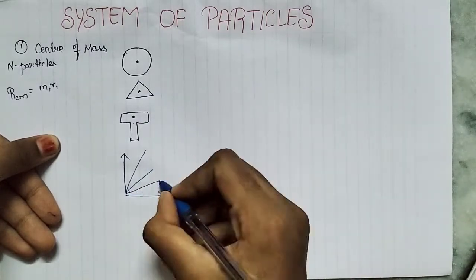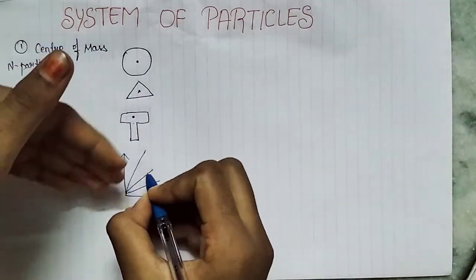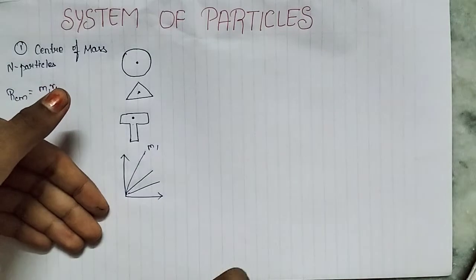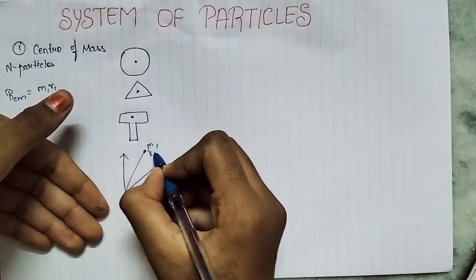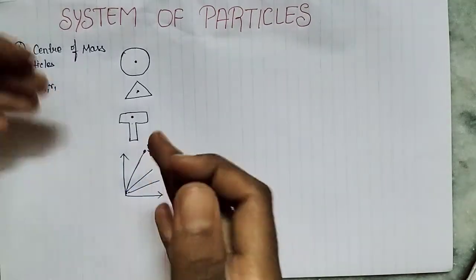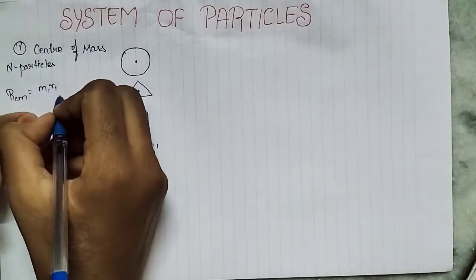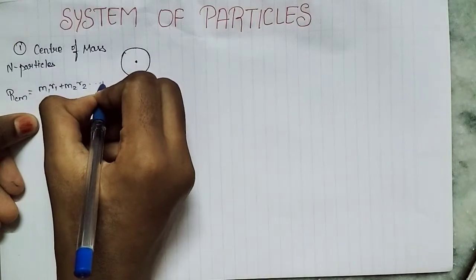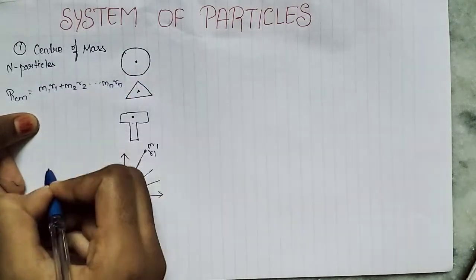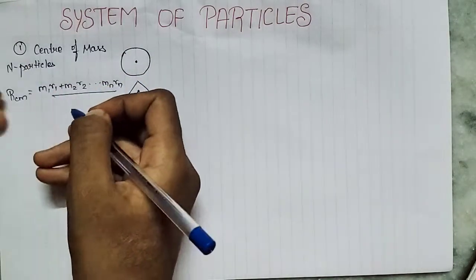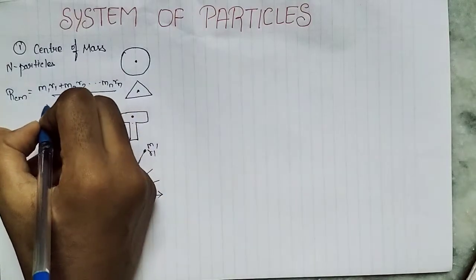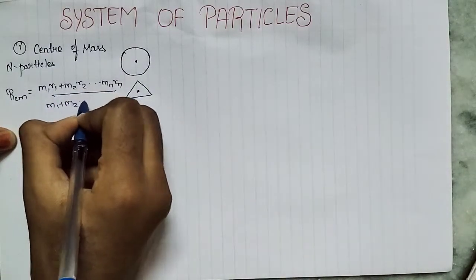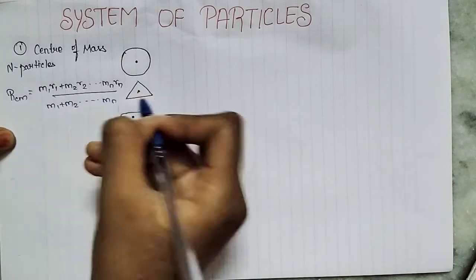So if you take m1, this is the point r1 from the coordinate. That's what I am writing here: m1 r1 plus m2 r2, and it goes on to mn rn, divided by the total mass m1 plus m2 and so on to mn. Are you clear?